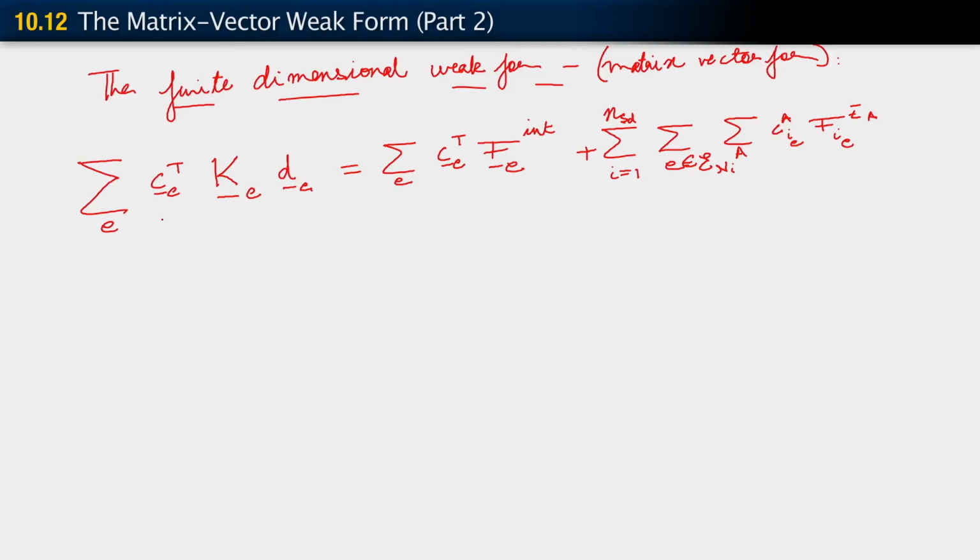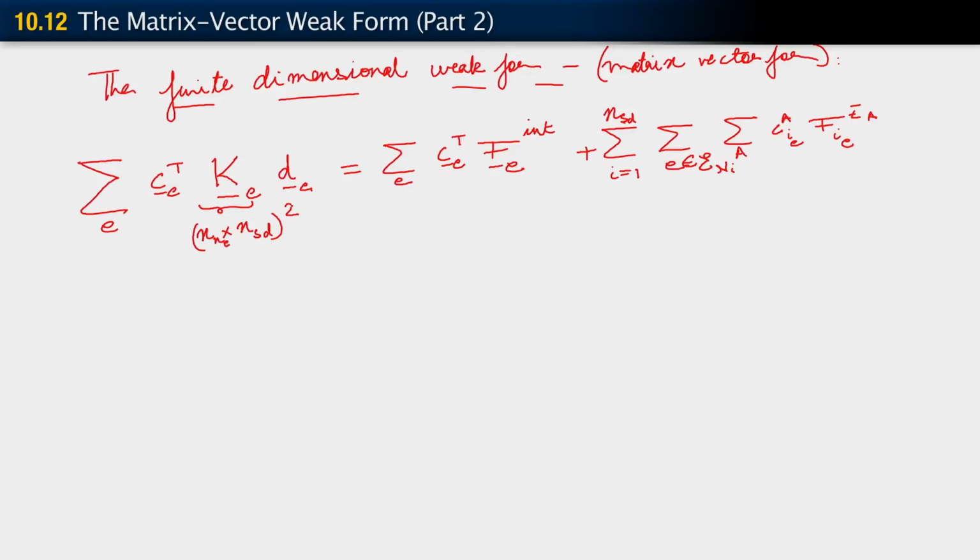Okay, so for trilinears, let me talk about this in general. What are the dimensions of that matrix, K_E? It's got to accommodate the C_E transpose and D_E, so that is going to be NNE times NSD cross NNE times NSD for the general case.